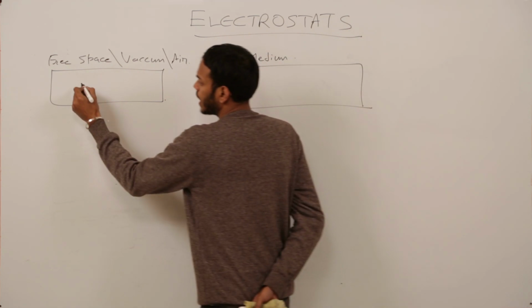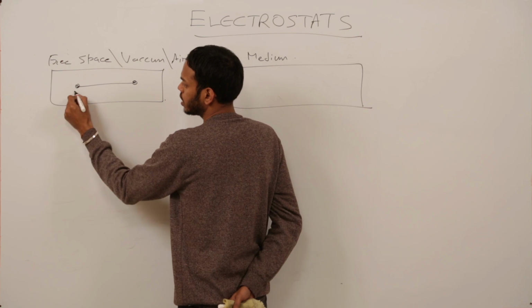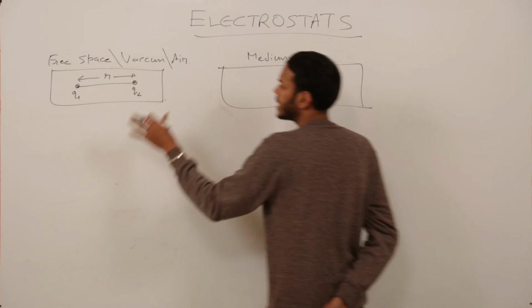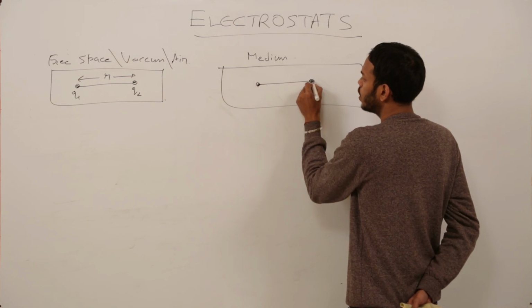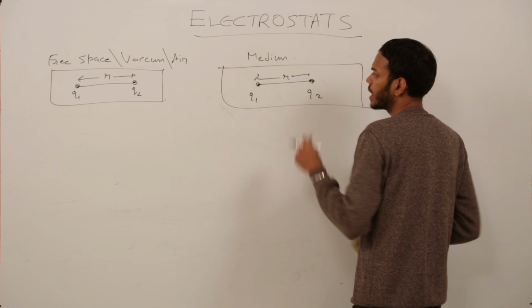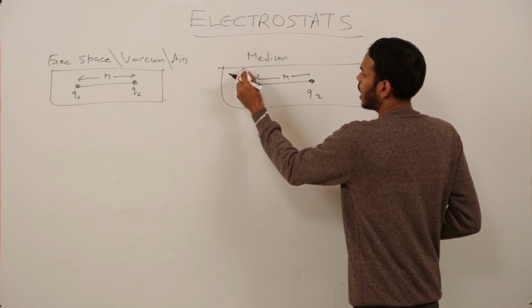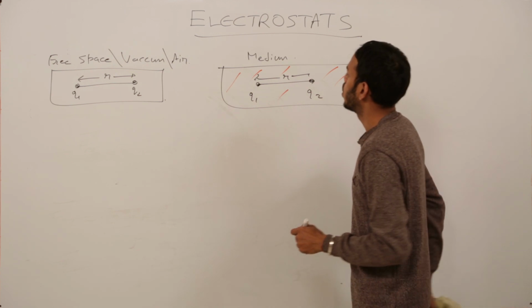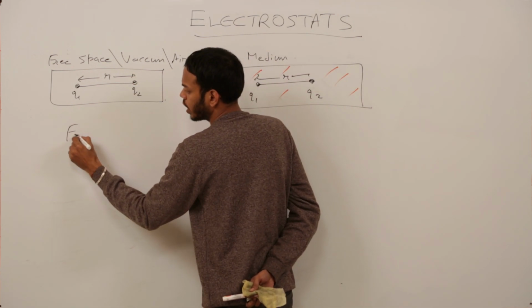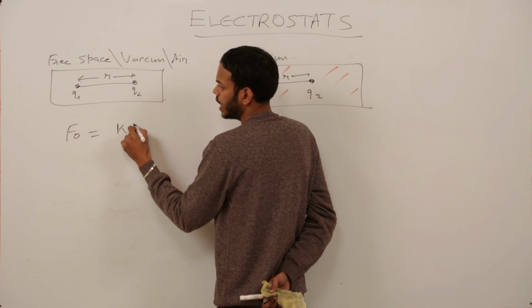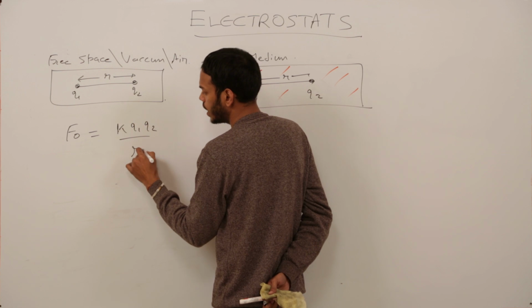Let it be any other medium. Consider we have two charges Q1 and Q2 separated by some distance r. Same charges Q1 and Q2 separated by the same distance r, but right now these charges are placed in some other medium. Here the force in free space, F naught, would be K Q1 Q2 upon r square.